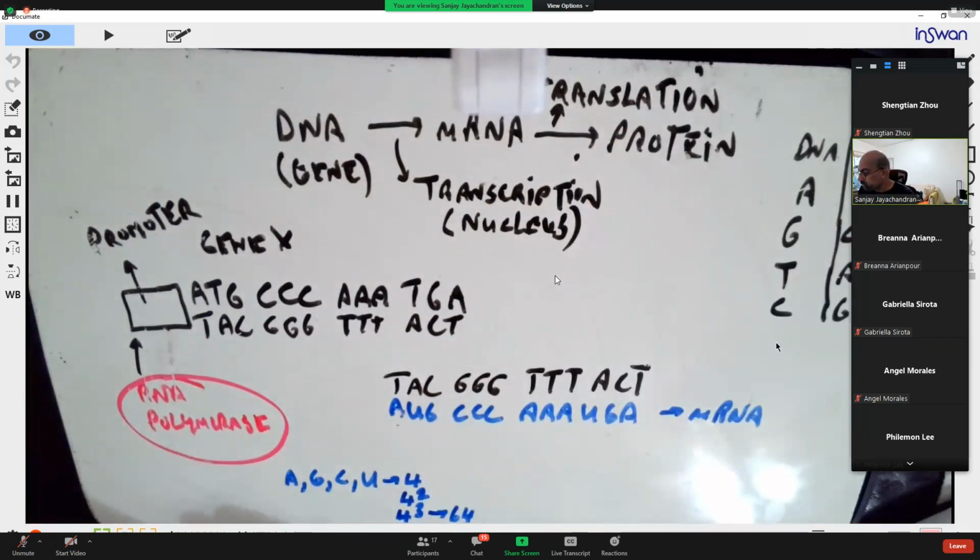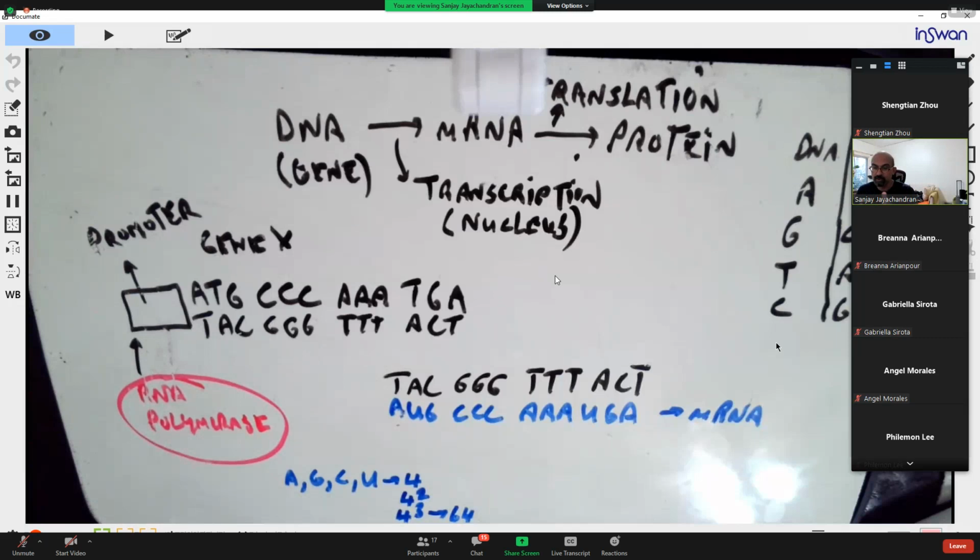Does anybody remember where in the cell we make proteins? Where amino acids are put together? Mitochondria? That's the powerhouse. That's where energy is at. So where are we going to put amino acids together? What are those little dots called? The ribosomes. Remember the ribosomes, right?